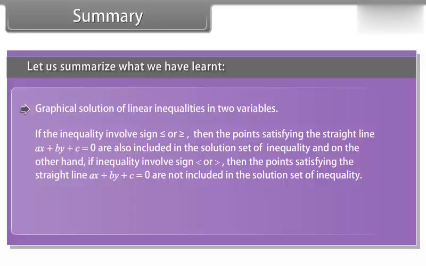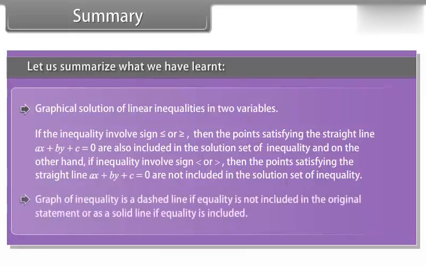On the other hand, if the inequality involves the sign less than or greater than, then the points satisfying the straight line ax plus by plus c is equal to 0 are not included in the solution set of the inequality. The graph of an inequality is a dashed line if equality is not included in the original statement, or a solid line if equality is included.